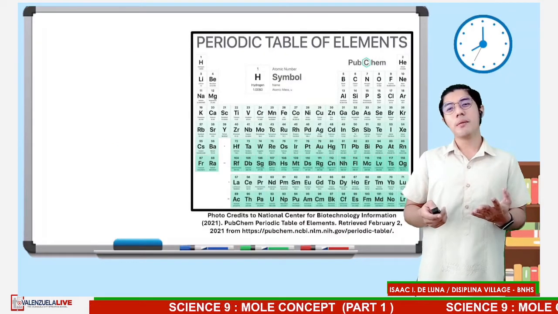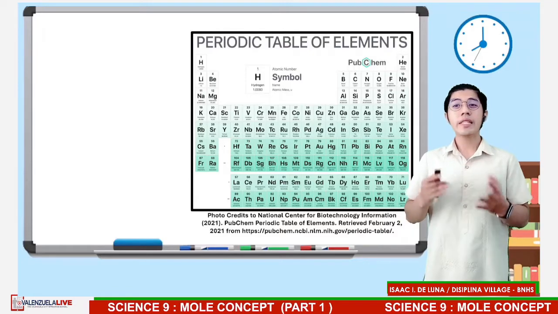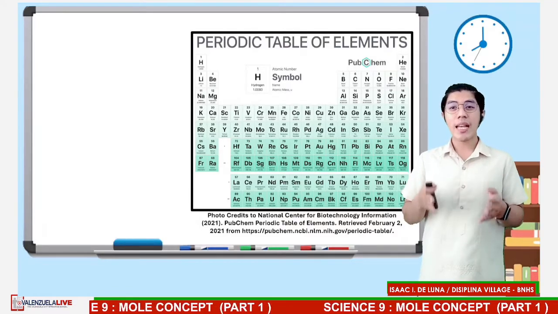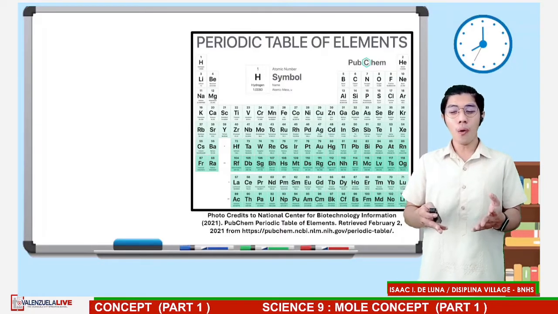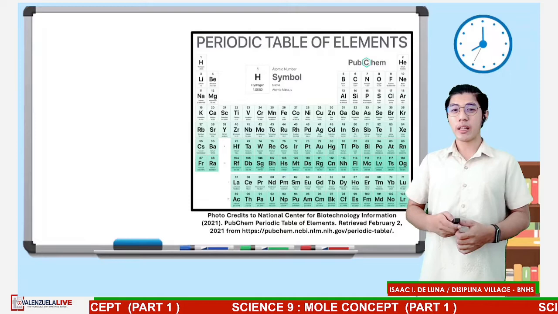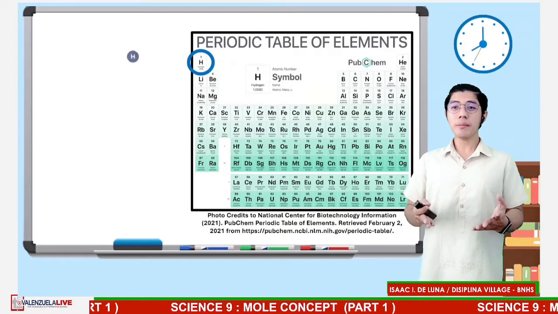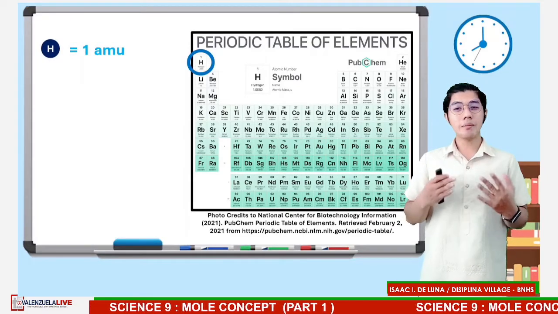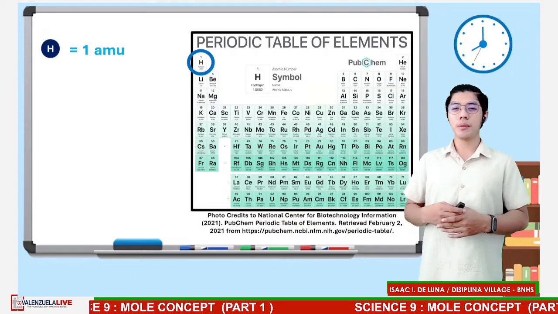In the periodic table, you can see numbers below the symbols of the elements. These numbers are known as atomic mass, and these use the unit AMU or atomic mass unit. For hydrogen, its atomic mass is 1.01 AMU, and it can be simply rounded off to 1 AMU.